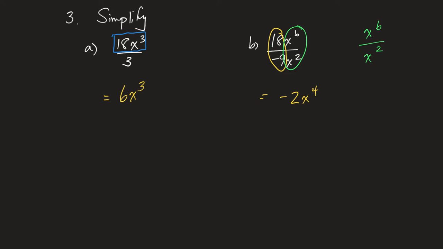How many x's do I have on the top? 6. How many x's do I have on the bottom? 2. Which side of my fraction line has more x's? The top. By how many more? 4. So I'm just going to divide out my common factors of x and go straight to an x to the 4th.